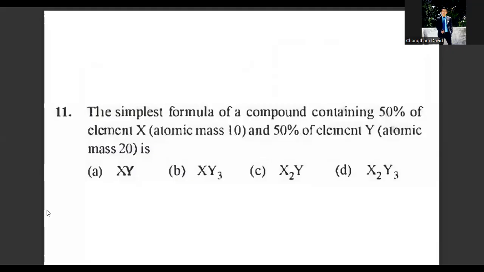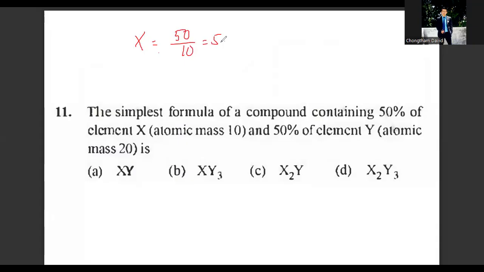Question number 11. The simplest formula of a compound containing 50% of element X, atomic mass 10, and 50% of Y, atomic mass 20. So for this, the relative number of atoms of X corresponds to 50 by 10.